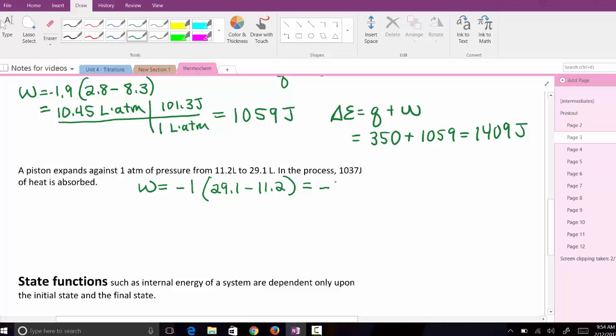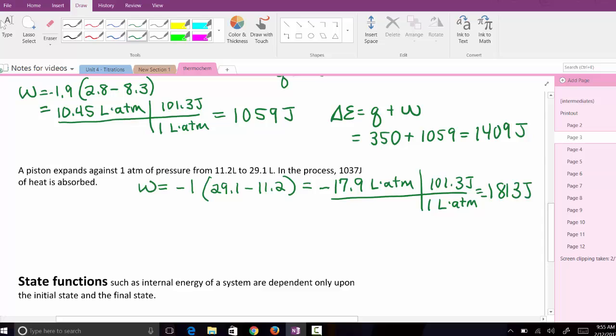So I'm getting negative 17.9 liter atmospheres and 1 liter atmosphere is 101.3 joules. So times 101.3. So 1,813 joules. That's a negative.